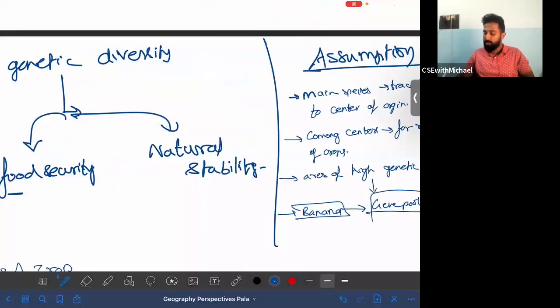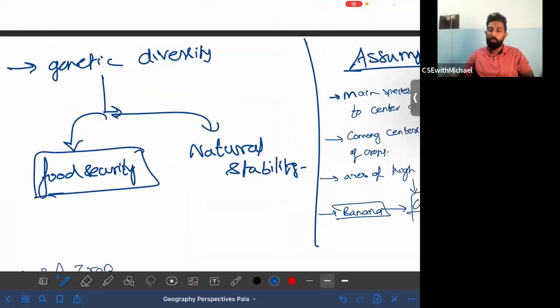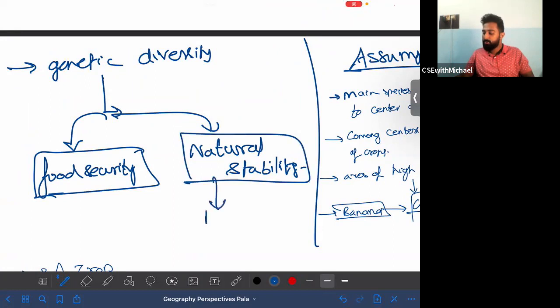One is a food security perspective, because all the crops that we are growing and their wild varieties are very important in the context of climate change. Even if the current variety that we have is lost, we need a backup, and that backup is the gene pool centers. Now, natural stability: these are regions of high biodiversity, and some of them are also biodiversity hotspots.